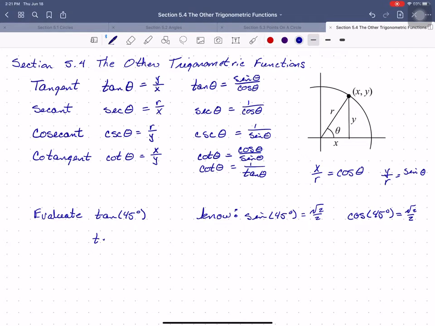We also know that the tangent of 45 degrees is equal to sine of 45 degrees divided by cosine of 45 degrees, which means that the tangent of 45 degrees is equal to root 2 over 2 divided by root 2 over 2, which equals 1. Okay?